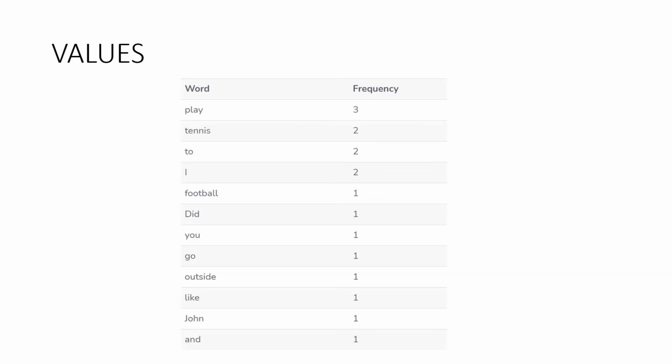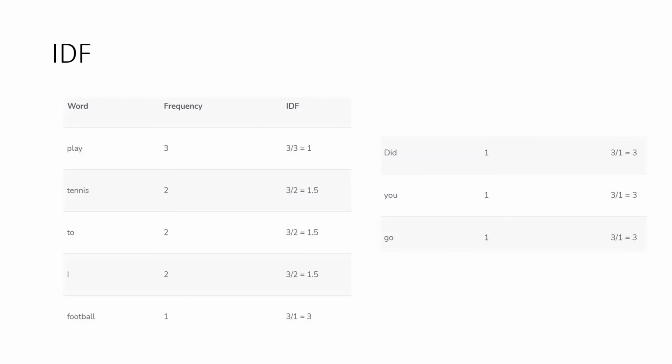As I said earlier, since IDF values are calculated using the whole corpus, we can calculate the IDF values for each word now. The next table contains the IDF values for each word. This is the IDF values. You can see it here. You can clearly see that the words that are rare have higher IDF values compared to the words that are more common.